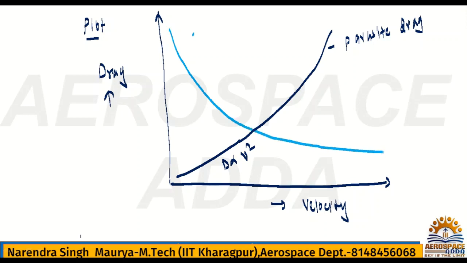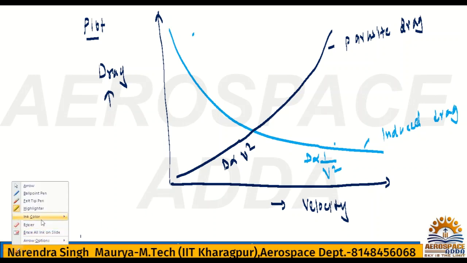This is drag inversely proportional to velocity square, and this is induced drag.